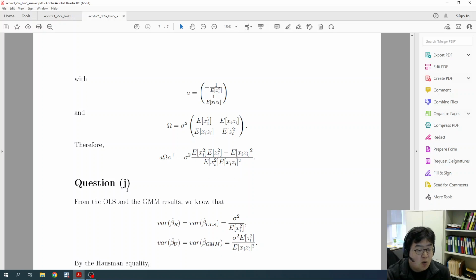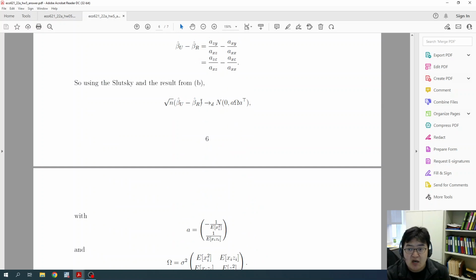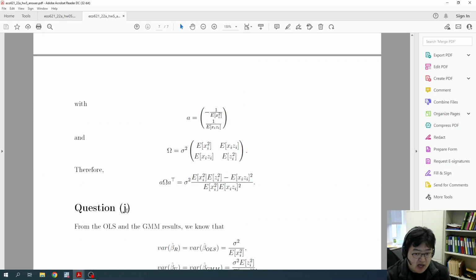In question J, we are going to use the Hausman equality. The main difference here is that earlier we were calculating the joint distribution of these two guys. What we did in part B is the joint distribution of these two terms, which implies the joint distribution of the two estimators. But in J we do not care about the joint distribution or the covariance.